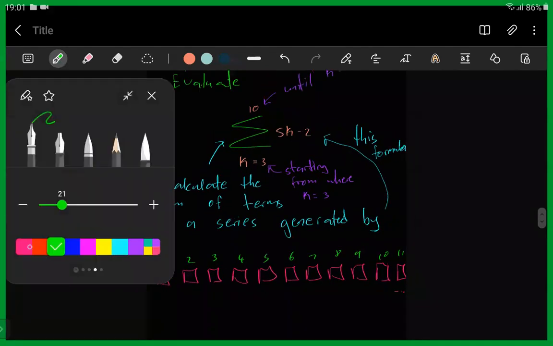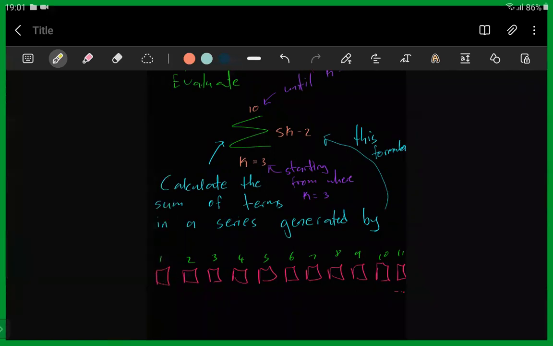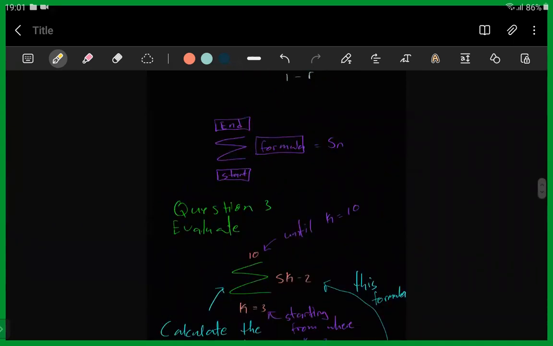Continue. I have a question. You see where the 10 is? You said until k equals 10.